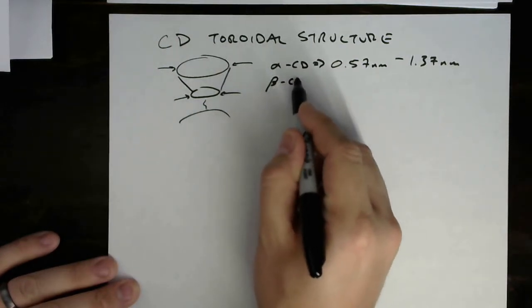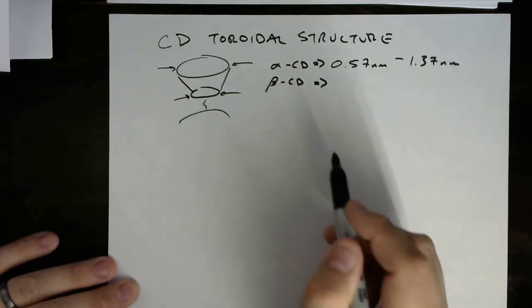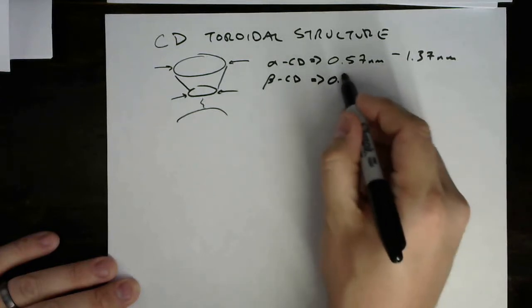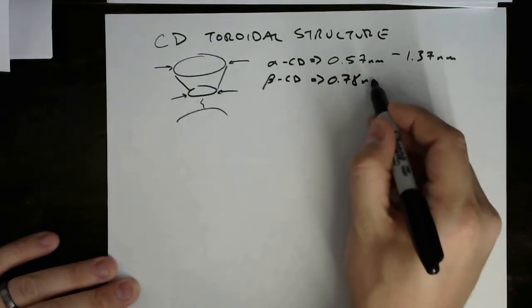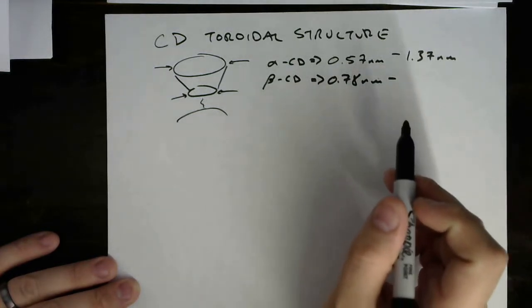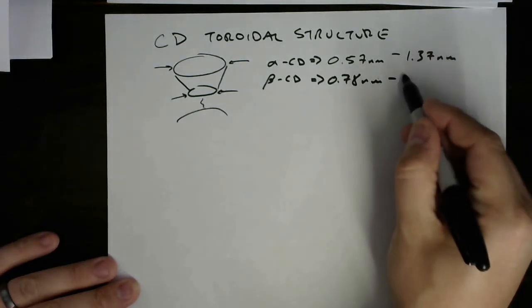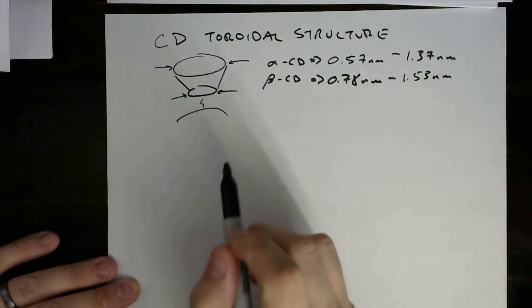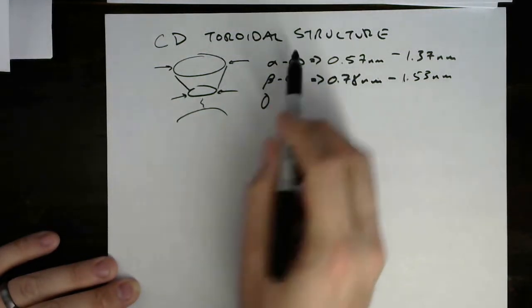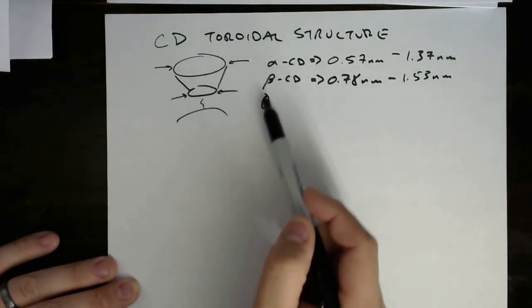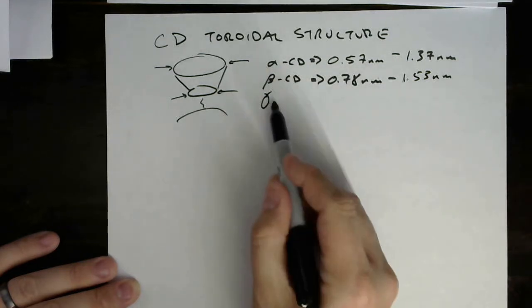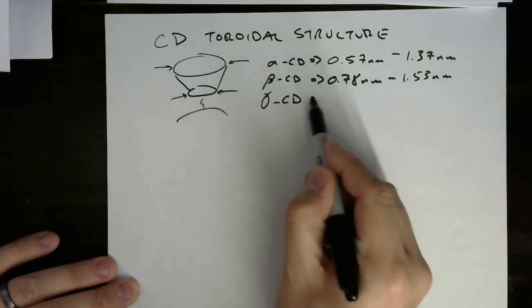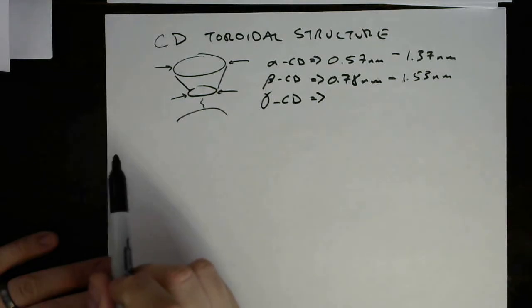If we look at the beta cyclodextrin, it's a little different. 0.8 nanometers to 1.5 or so. And finally, if we look at the gamma, which was the largest, this is 6, 7, and 8 glucose subunits in that cyclodextrin ring.